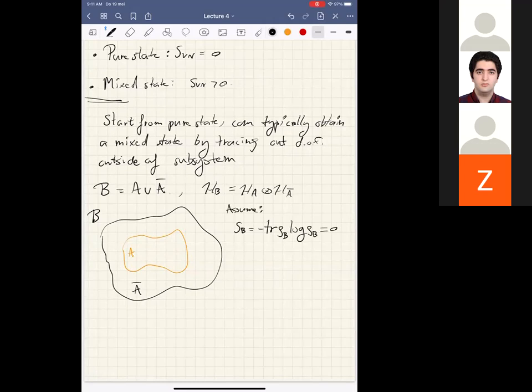So we assume that our system is in a pure state, and what we can do is define the reduced density matrix as follows. We define the reduced density matrix of the subsystem A as a trace over the complementary region A bar of the total density matrix. And this object is typically referred to as the reduced density matrix.